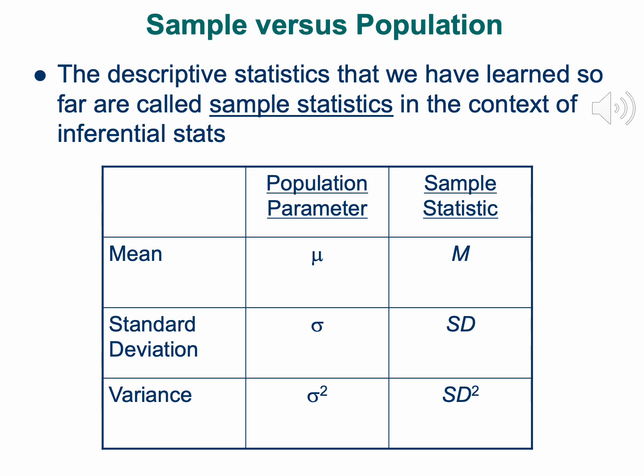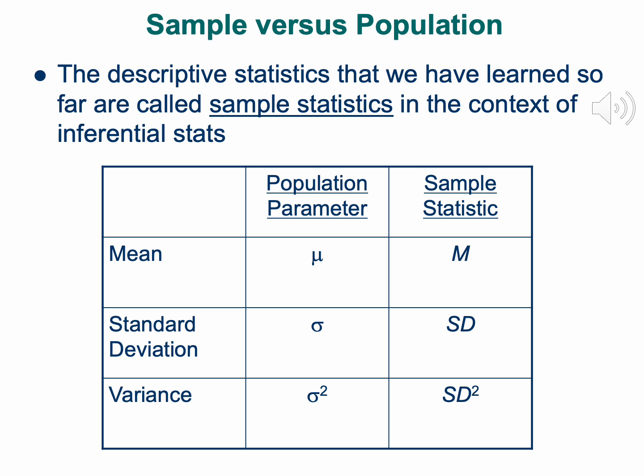The descriptive statistics that we've learned so far, the mean, the standard deviation, and so on, are called sample statistics in the context of making inferences. So you're going to make inferences about a population from samples, and so there needs to be a demarcation of what the mean of the population is versus the mean of the sample, or the standard deviation of the population versus the standard deviation of the sample. And here you see depicted the different symbols used for each one.